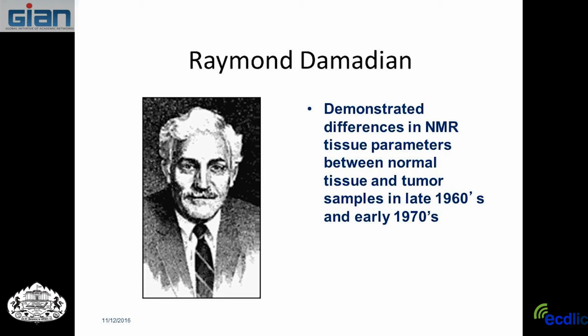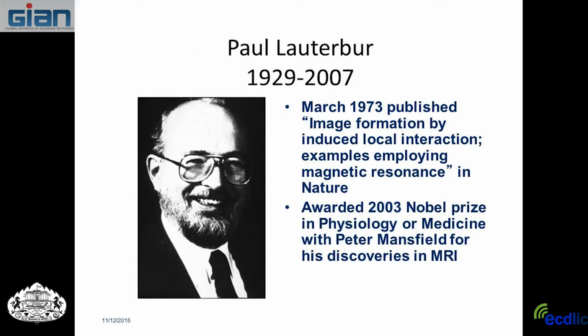So these were just some of the early people that used these techniques and helped to develop them. In March of 1973, Paul Lauterbur, one of the pioneers of using MRI to do imaging, was the first to make an image using nuclear magnetic resonance. He was awarded a Nobel Prize in 2003 for this discovery, along with Peter Mansfield.